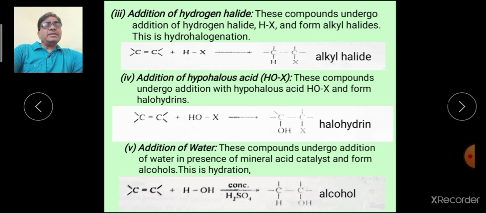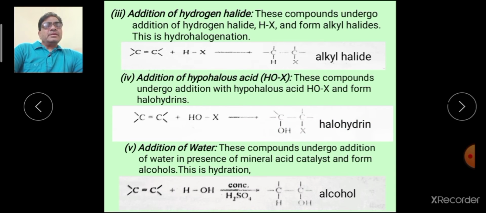Then addition of hypohalous acid, HOX. These compounds undergo addition with hypohalous acid and form halohydrins. This is the compound containing a double bond, this is hypohalous acid, addition across the double bond forming a halohydrin.